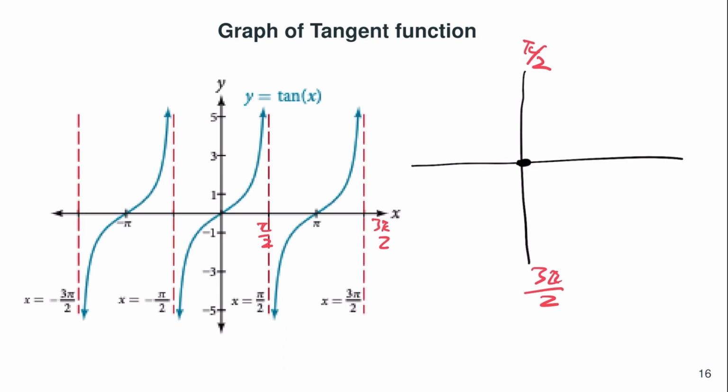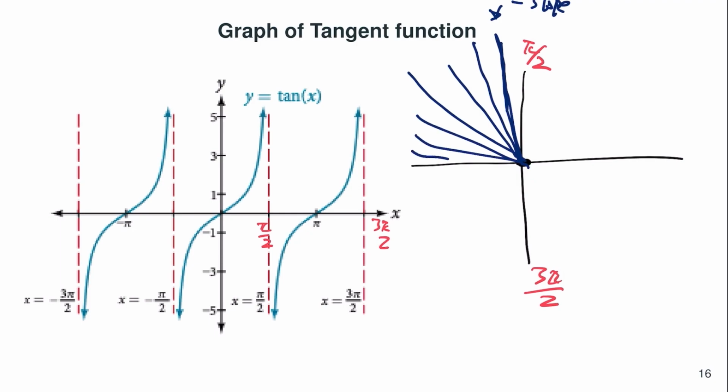So let's look at this. What about this angle right here? This angle, the slope is negative. And as we change the angle in this direction up to pi, at pi, slope is 0.